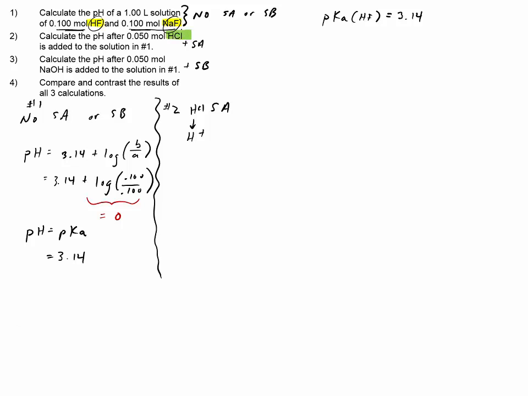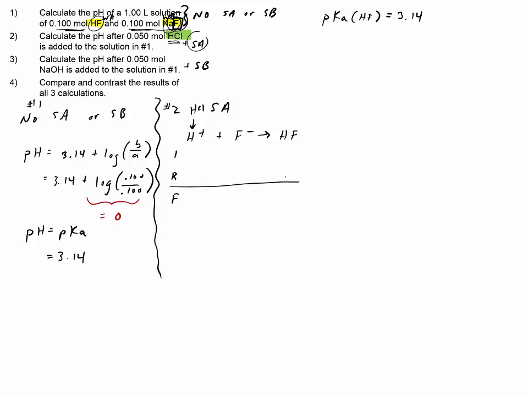What's our strong acid going to do? This is our weak acid, HF, and this is our weak base, the F minus. So it's the strong acid and the weak base that are going to interact. The H plus and the F minus are going to react and make HF. So it's actually going to form the conjugate.